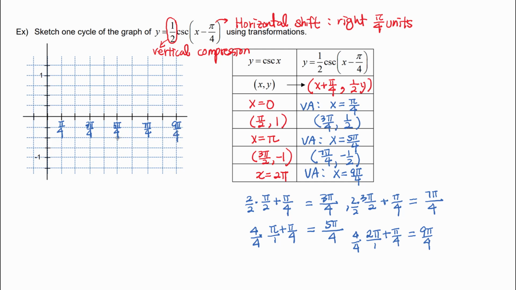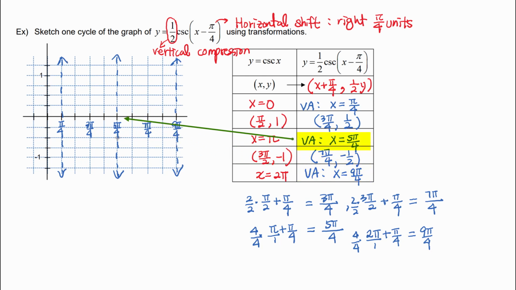And my three asymptotes are x equals pi over 4, my second asymptote is at x equals 5 pi over 4, my third asymptote is x equals 9 pi over 4. So here are my three vertical asymptotes.